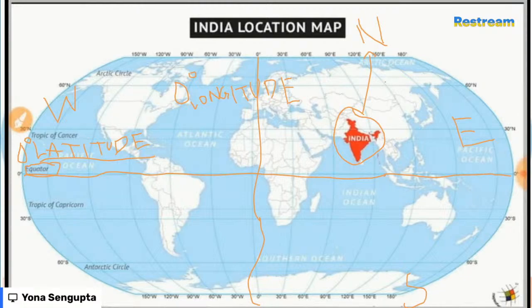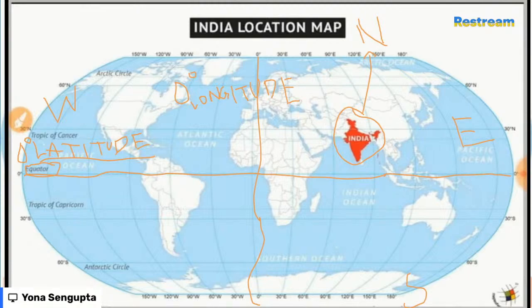We will be learning this further in the chapter, and we will see some maps and the structure of the earth, the latitudes and longitudes, in the next class. The lines of latitude also give us the horizontal coordinates of a place, or the north-south location of a place.